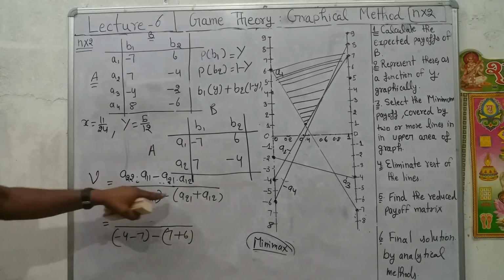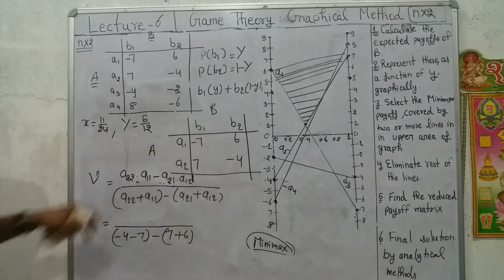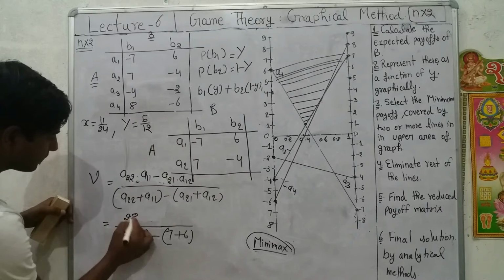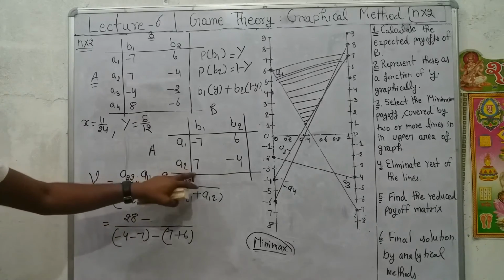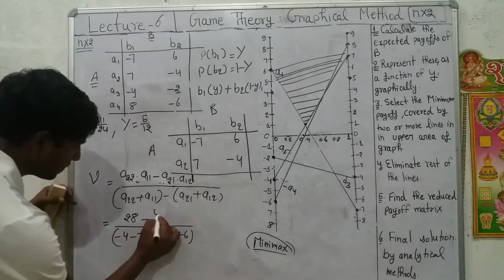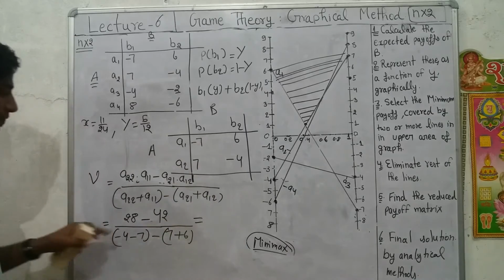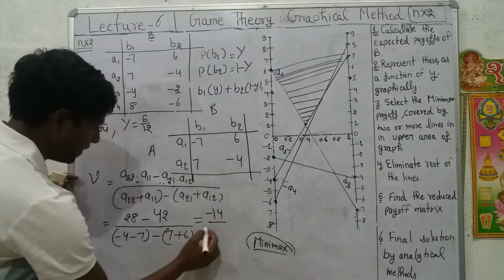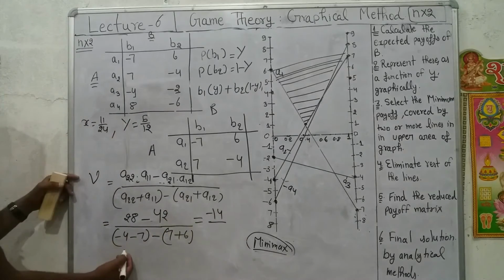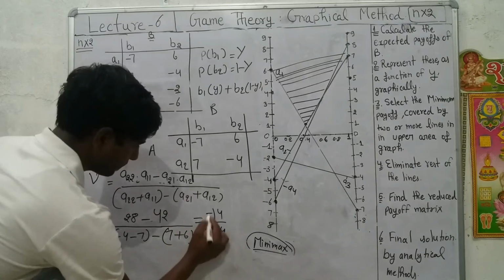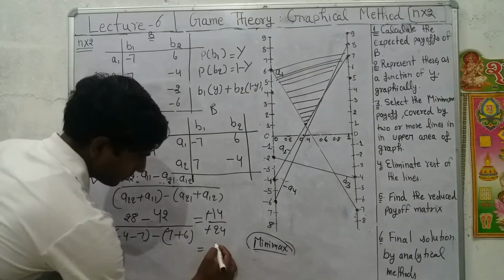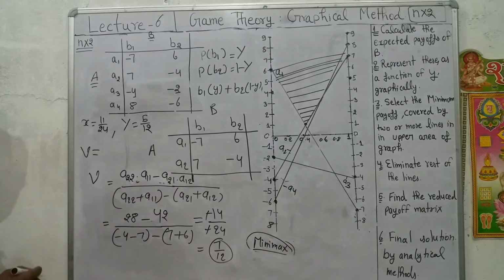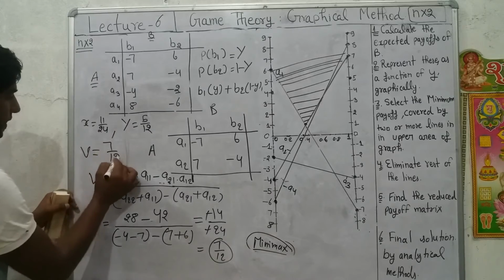A22 into A11 means minus 4 into minus 7, that is equal to 28, minus A21 into A12, 7 into 6, that is 42. So the numerator would be minus 14, divided by minus 24. So the answer would be 7 by 12. So the value of the game would be equal to 7 by 12.